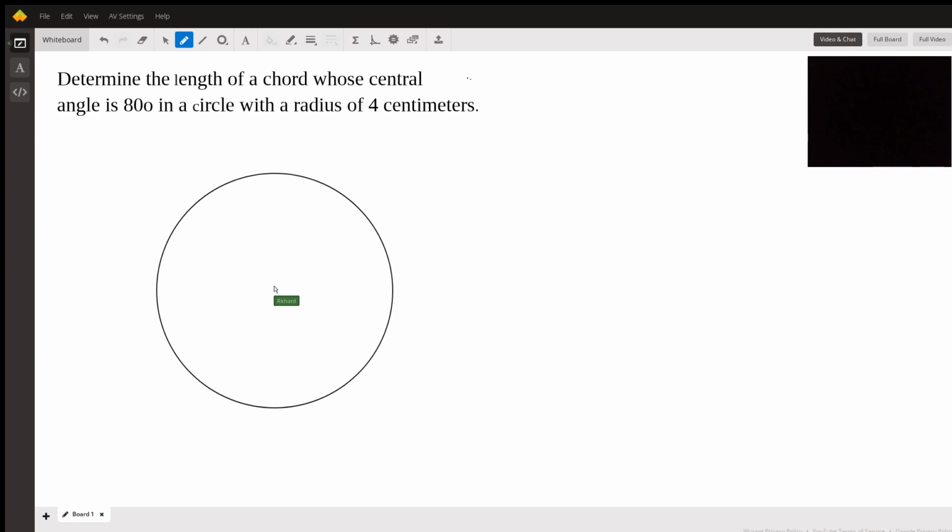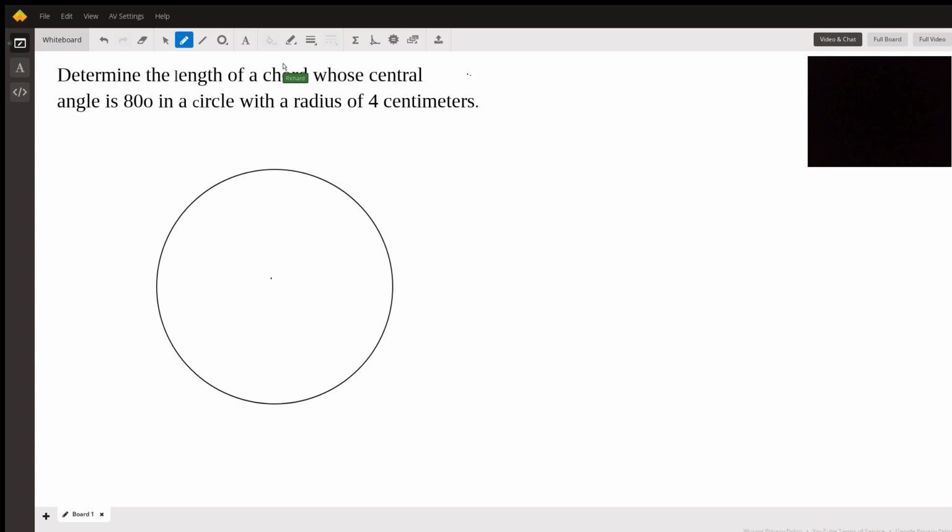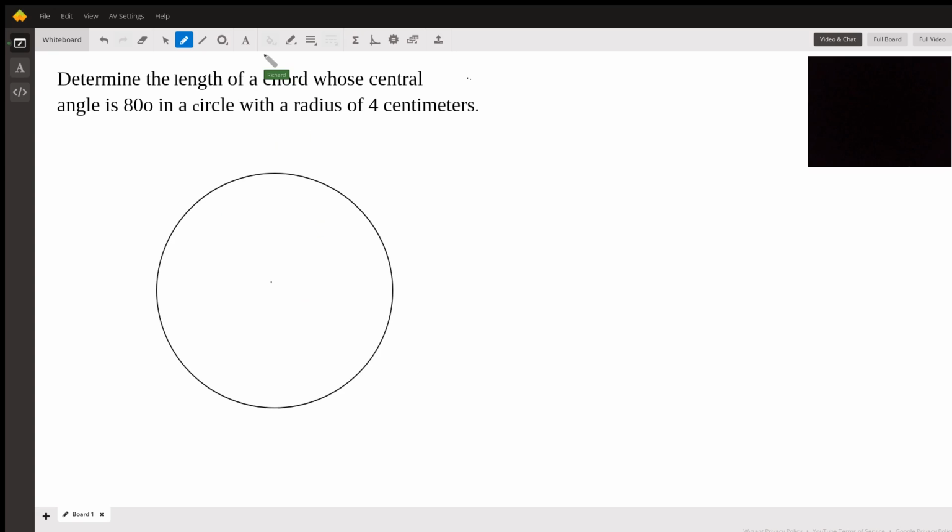So we have a central angle, which is 80 degrees. So I'm going to start with that. Let me just find the center here. Say that's the center of the circle. Now we'll put in a central angle here that's 80 degrees.